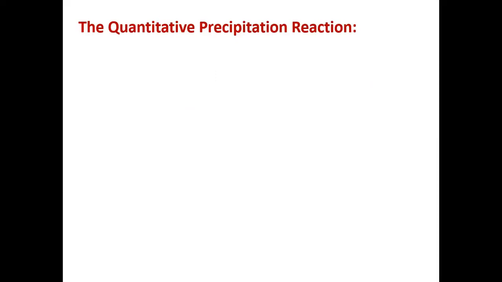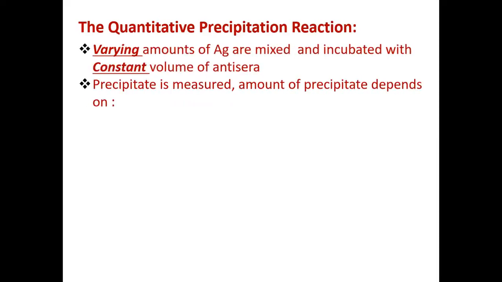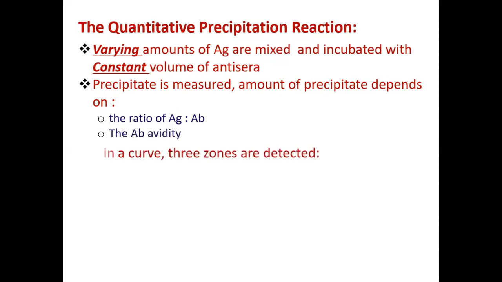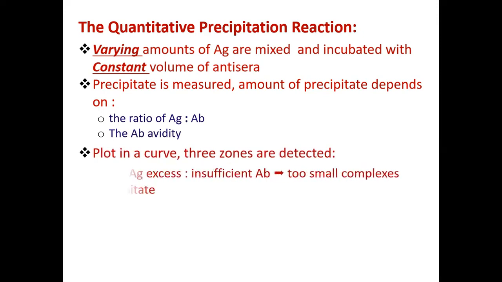The other one is quantitative precipitation, where varying amounts of antigen are mixed and incubated with a constant volume of antibody. The amount of precipitate measured depends on the ratio of antigen to antibody, the antibody ability, and the protein concentrations detected in this case.